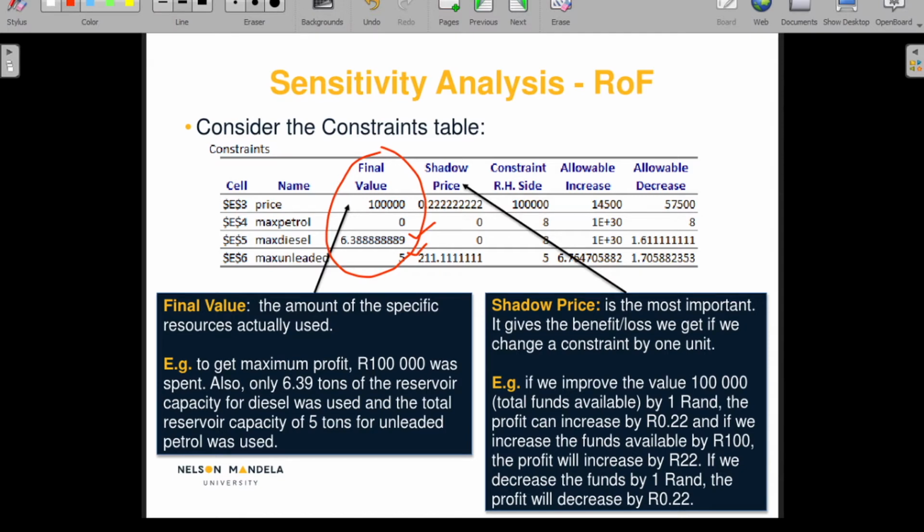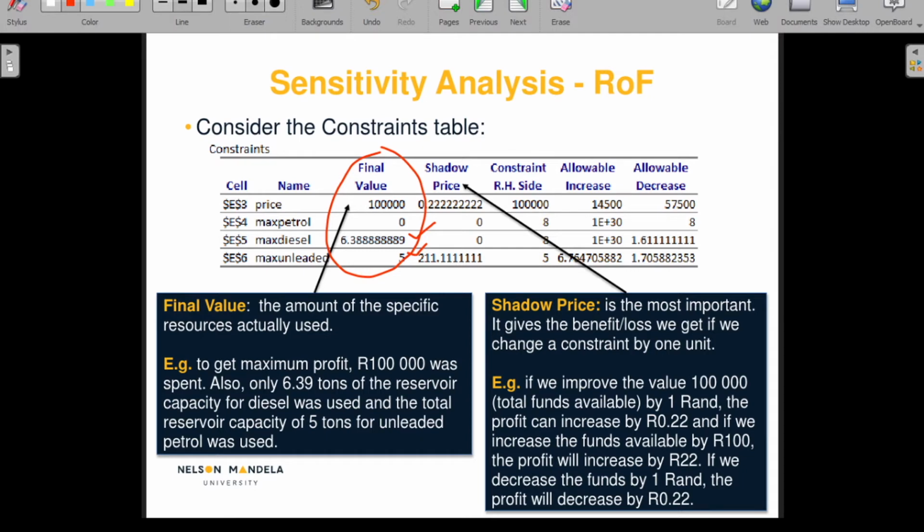Then the second column, the shadow price, is also very important. It gives the benefit or the loss we get if we change a constraint by 1 unit. For example, if we look at the shadow price for the first row, the total funds available is 100,000 rands. If we increase it by 1 unit, in this case in rands, then the profit will increase by the shadow price.